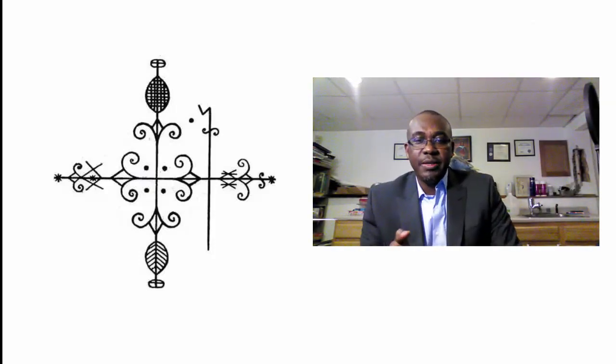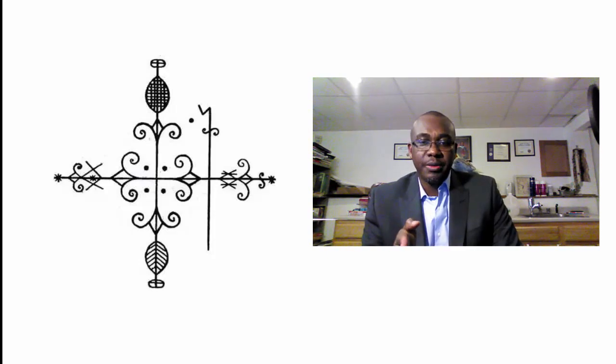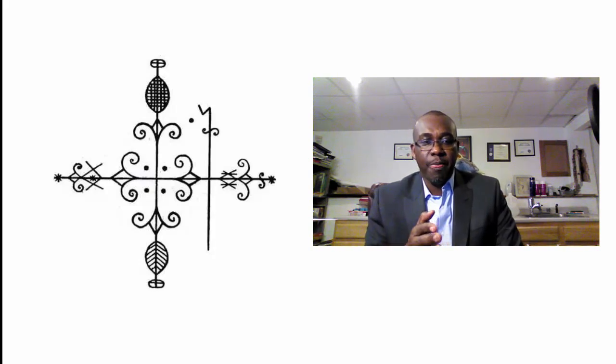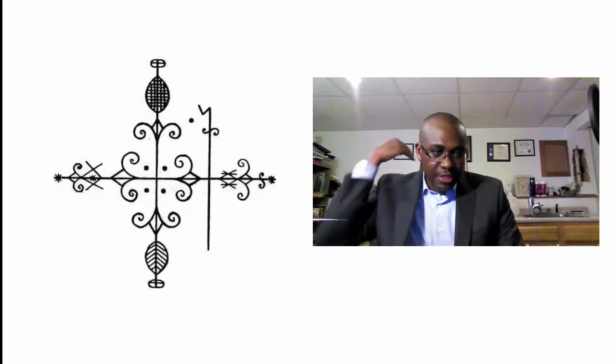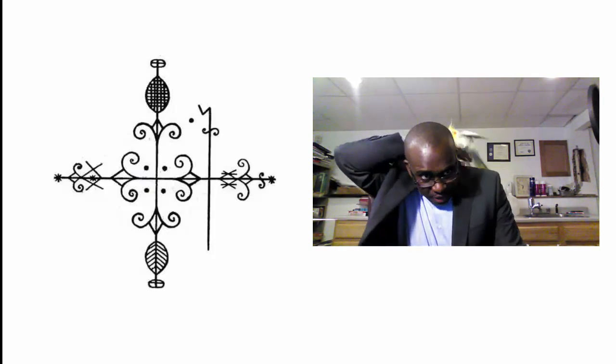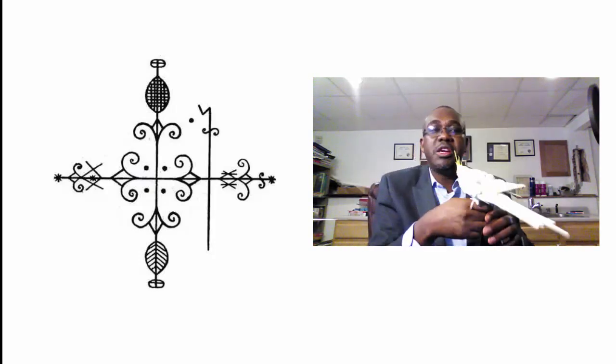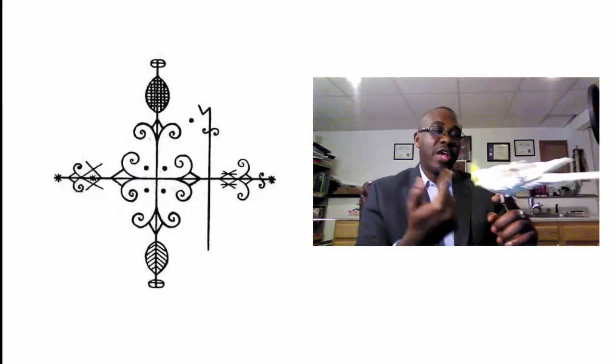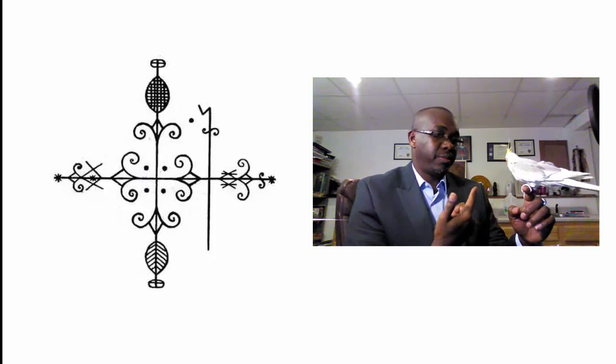As you can see in the Veve Legba, the 4 points and this sword explain a deep meaning of the connection between 2 entities. For instance, the birds you see with me here, we are connected through Legba.